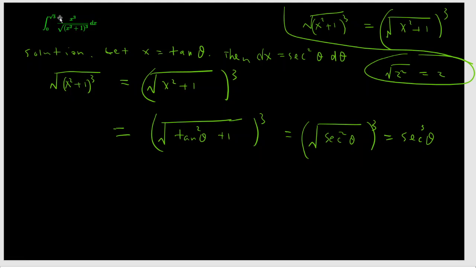We also have to convert these values to theta values. Again, for the definite integral, you have one additional step. You have to get theta values corresponding to the x value of 0 and the x value of square root of 3.